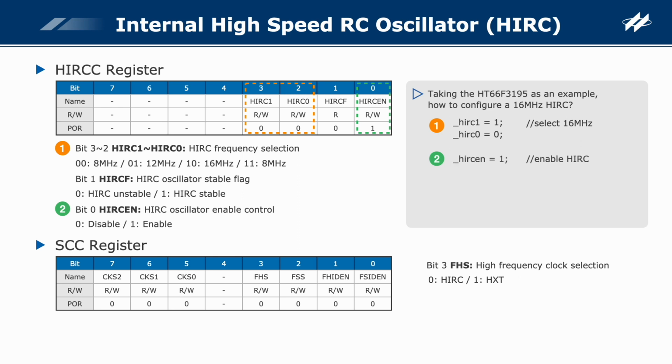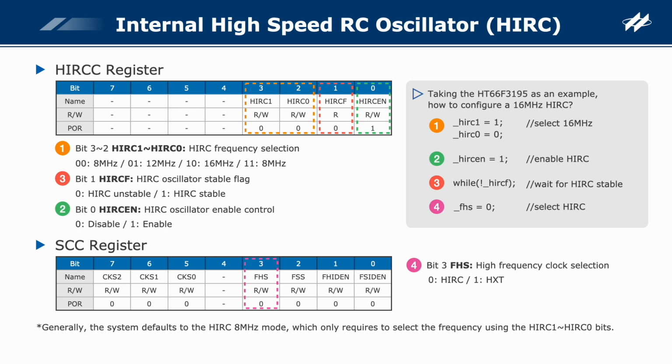Then, set the enable bit HIRCEN to 1 to enable the internal high-speed RC oscillator. Next, wait for the stable flag HIRCF to change to 1, which means that the clock signal of the internal high-speed RC oscillator has stabilized. Finally, clear the FHS bit to 0 to select the internal high-speed RC oscillator as the high-frequency clock source.